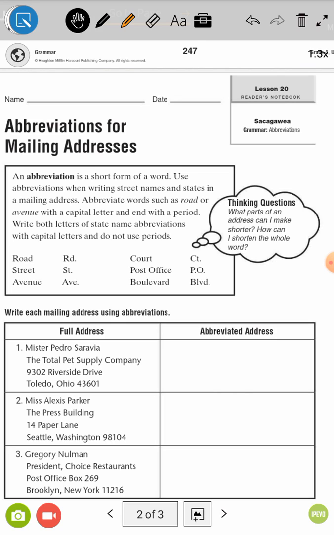Post office, in abbreviation we write capital P, period, capital O, with a period. Avenue, in abbreviation form, is capital A, small v and small e, with a period.